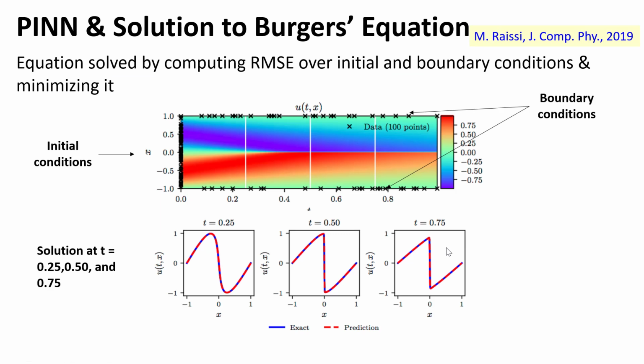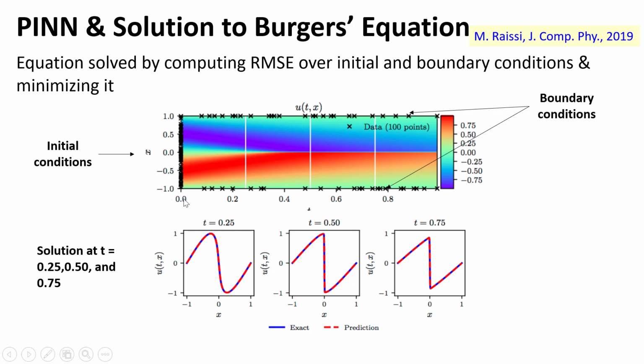Now here's a solution to the equation. The equation is solved by computing RMSE over the initial and boundary conditions, minimizing it. In this plot, you have on the x-axis t and on the y-axis x, and u of t, x is this whole 2D space. These cross points are essentially the data on which the neural network is trained, and this consists of boundary condition and initial condition.